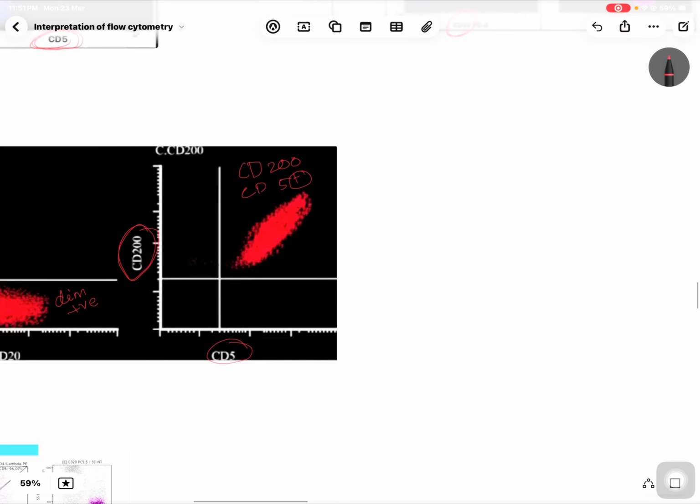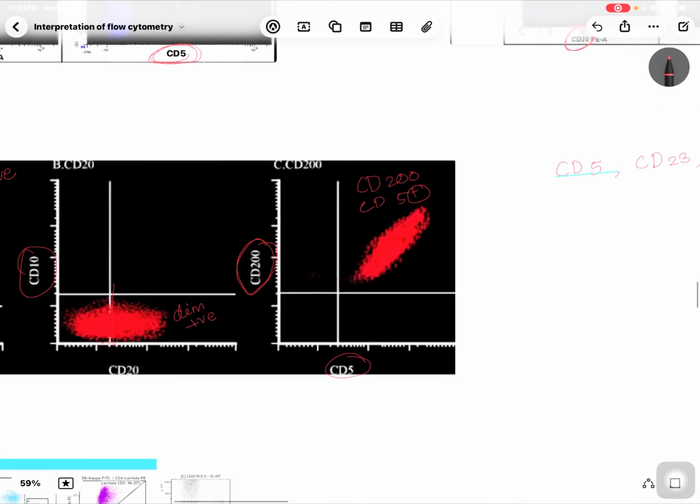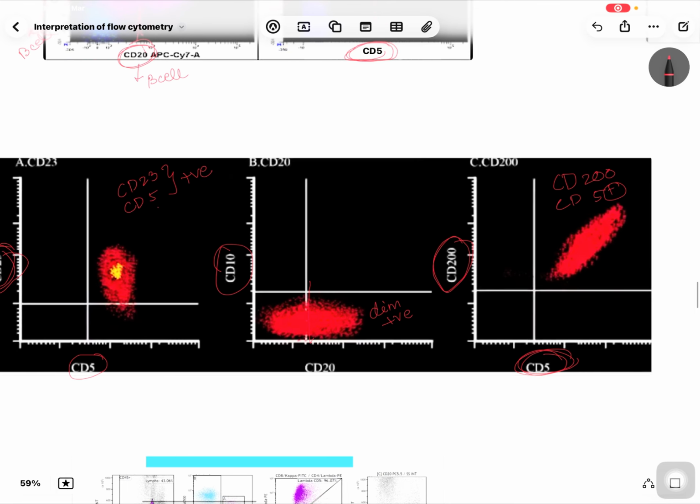Yes, I told you two cheat codes. One is the CD5, CD23, CD200 cheat code. The other is the CD5, CD10 cheat code. Now this belongs to the first one: CD5 is there, CD23 is positive, and CD200 is also positive.